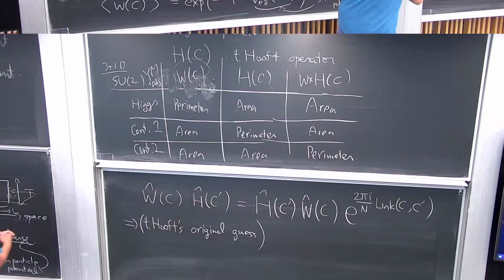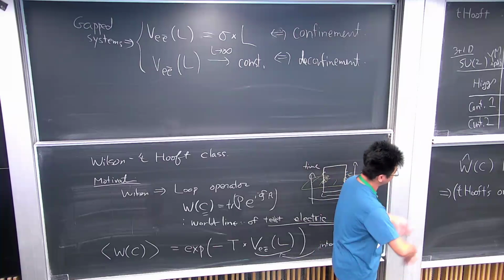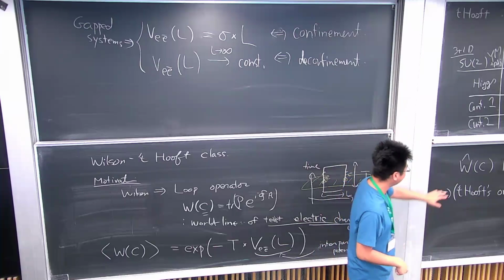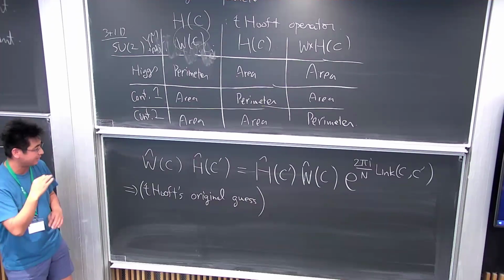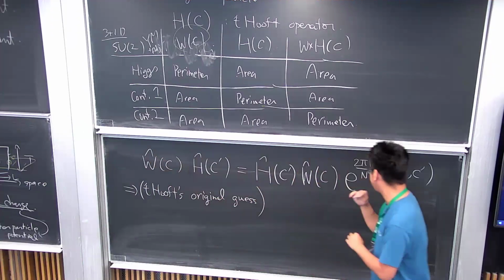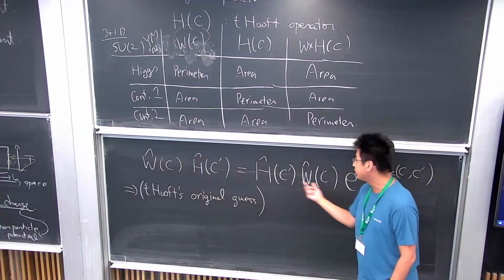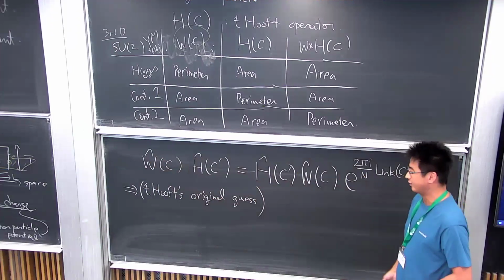But actually, this is just a constant time slice in 4 dimensions. In the path integral spacetime picture, everything should be understood within the 4-dimensional picture. But in 4 dimensions, these two lines do not have a well-defined notion of linking number.